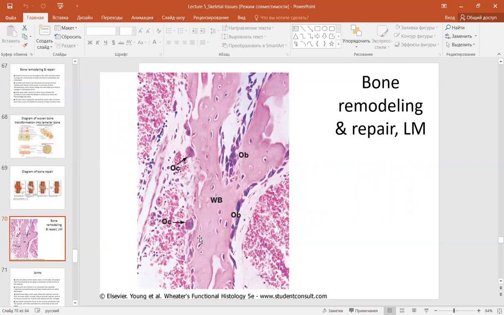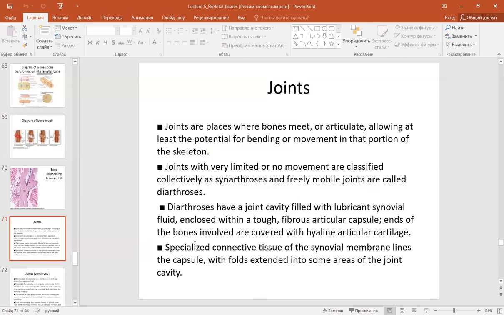Bone marrow, which is consisting of osteoprogenitor cells and developing to osteoblasts under the certain commands coming from interface, communication of the closely related cells, and then transformation of the woven bone to the lamellar bone, either spongy or compact bone consisting of the Haversian systems.